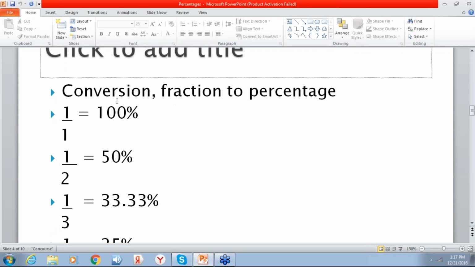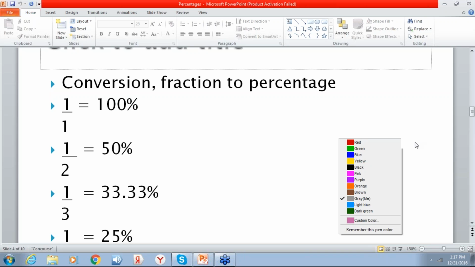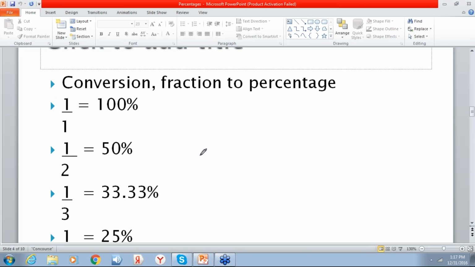Now the conversion of fraction to percentage. 1 by 1 is equal to 100%. 1 by 2 is equal to 50%. 1 by 3 is equal to 33.33%.